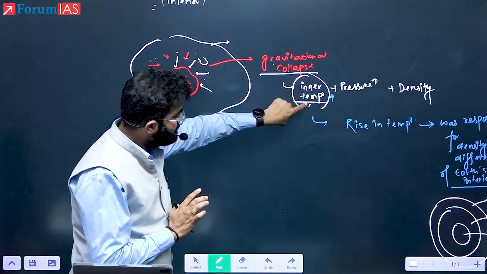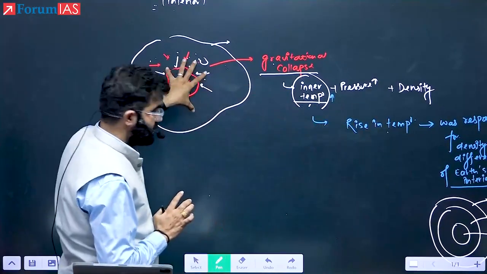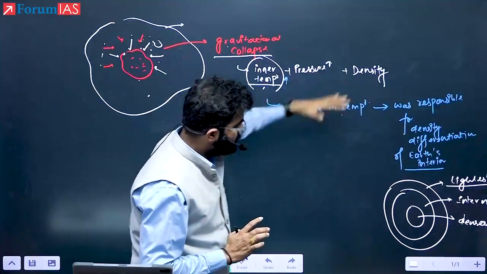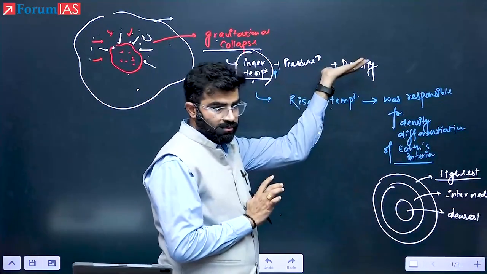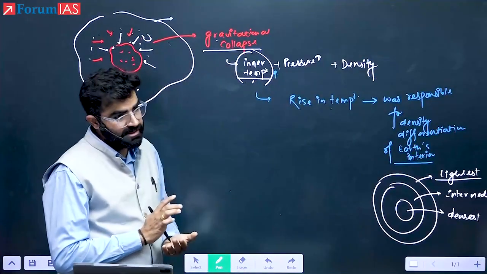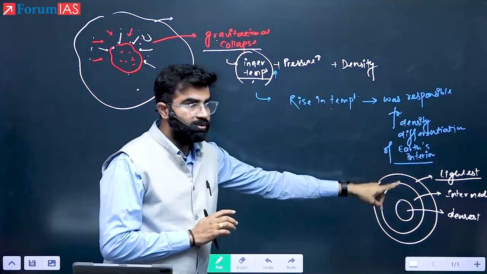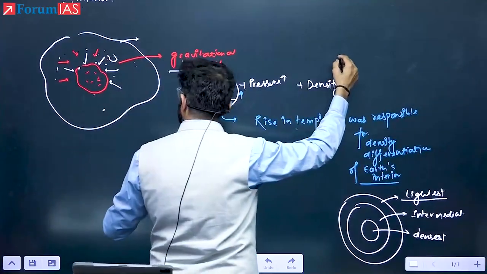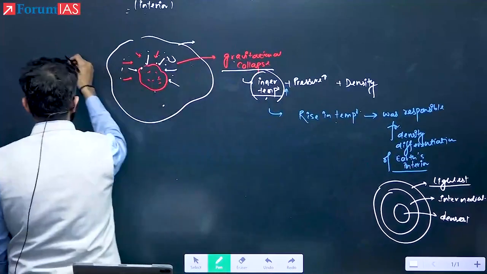This rise in temperature will keep the interior in the molten state, which will further support some of the matter collapsing down and some going up, floating. That is how the density differentiation resulted, and these three types of layers were formed. So please understand, this method was responsible for the layered structure of the earth.